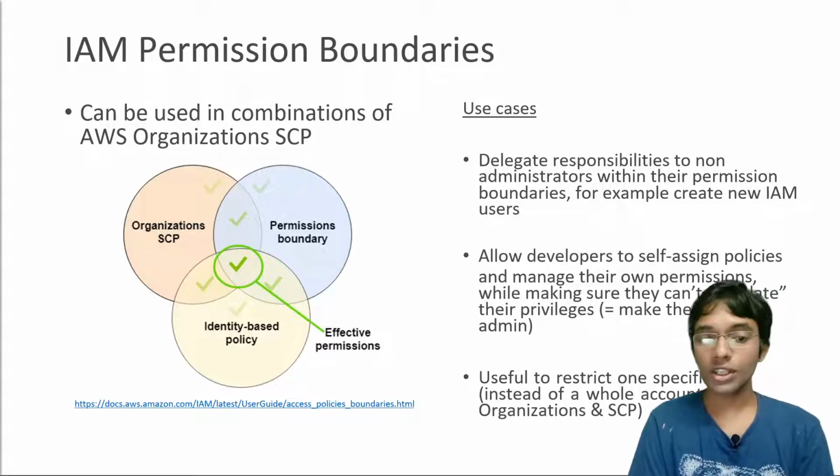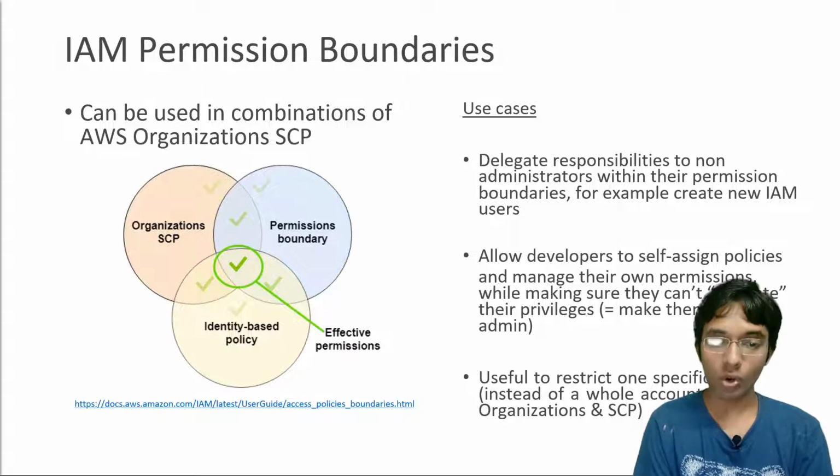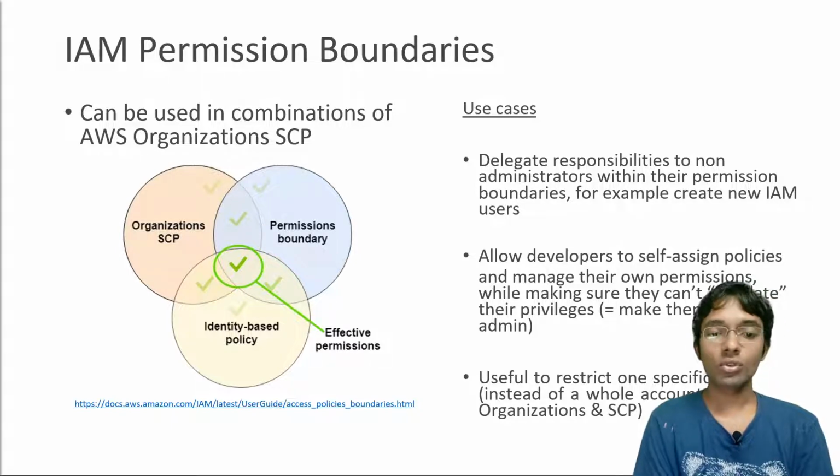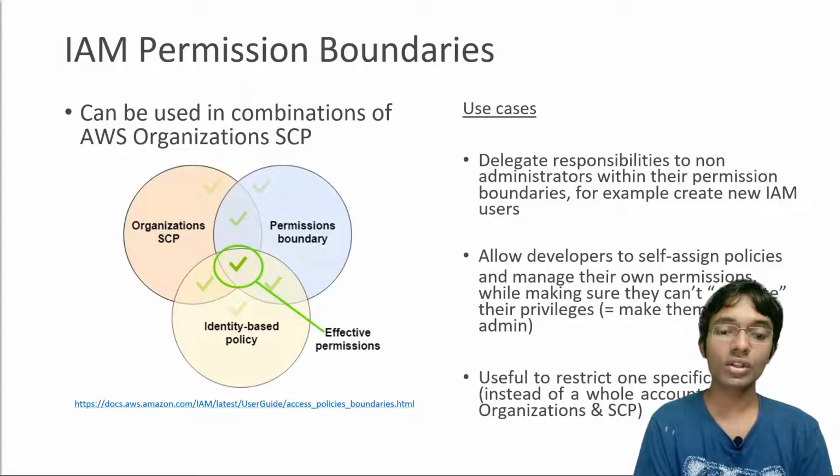For example, to create new IAM users, or to allow developers to self-assign policies and manage their own permissions while making sure they can only do these things within their privileged rights, so they cannot escalate themselves. It's also very useful to restrict one specific user instead of using whole-account restrictions with Organizations and SCPs.